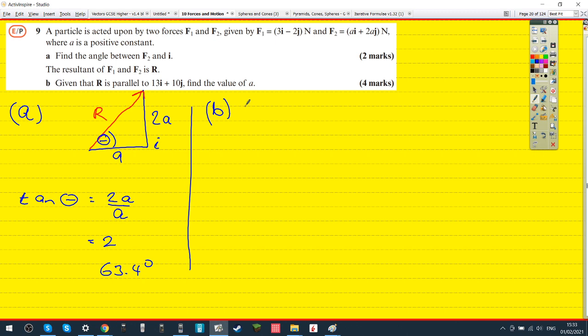So that's an example. In general, you could just say something times 13i plus 10j. It could be 2, could be 3, could be -1, could be a half. So would I have to say something like 3i minus 2j plus ai plus 2aj equals k times 13i plus 10j? Yeah.